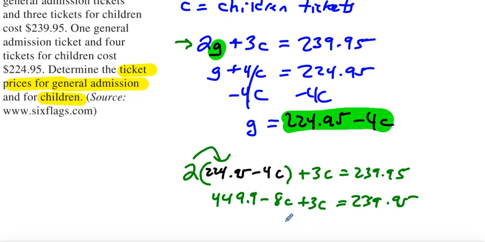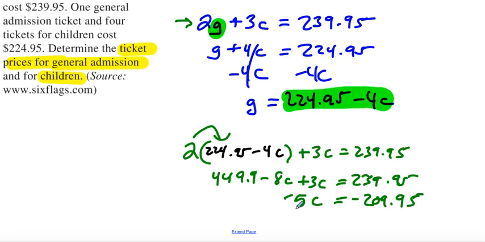I'm going to get negative 5C is equal to negative 209.95. So what I just did is two steps. I did negative 8C plus 3C is negative 5C, and then I subtracted 449.90 from 239.95, and I got negative 209.95 there.